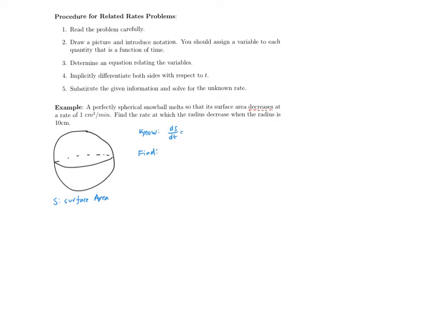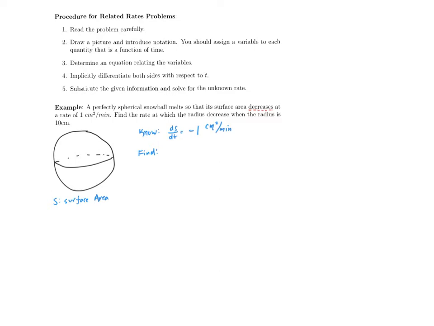So pause the video and write down what dS/dt is equal to. And hopefully what you've written down is that it's minus 1 square centimeter per minute. And note the negative is due to the fact that it's a decreasing quantity.